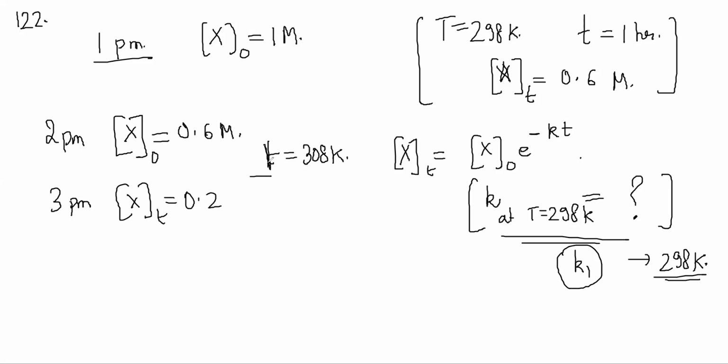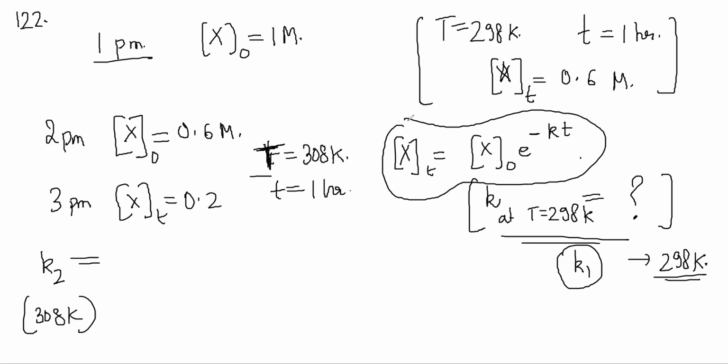Temperature was 308 Kelvin, time was 1 hour, right? So you can find K2 at 308 Kelvin from this data, right? In the same way, following the same equation, right? So you know K2 and K1, then you can find activation energy, right?